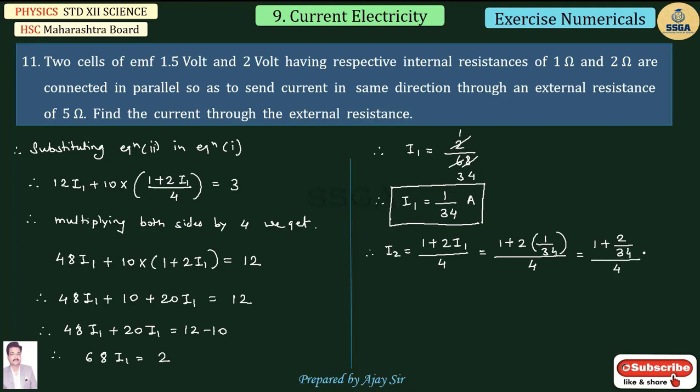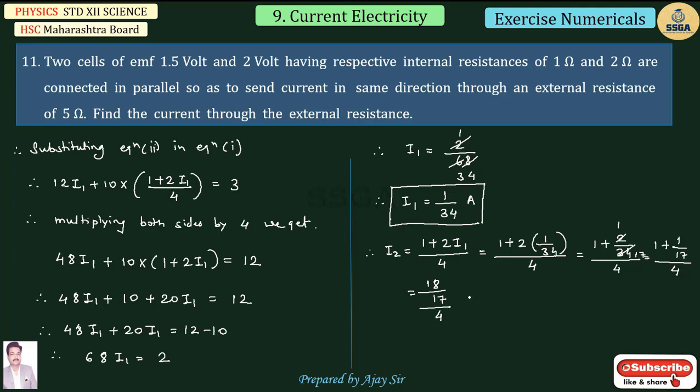Then this will be 1 plus 2 over 34, that is 1 upon 17, divided by 4. So 17 plus 1, that is 18, 18 by 17, again divided by 4.